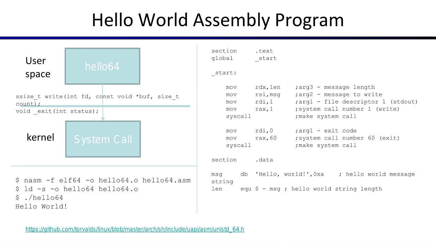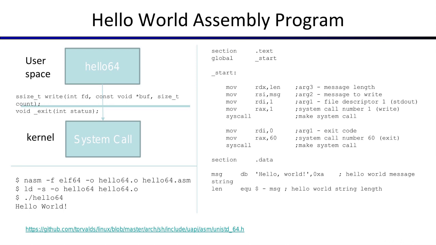Now we can see that to make the first system call to write Hello World out, you need to use the write system call. And we can see in the specification that write takes 3 parameters. The first parameter is the file descriptor.